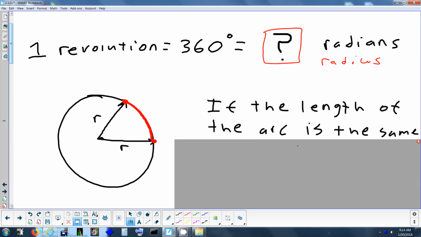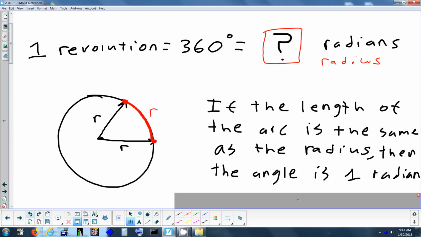So, if you were to take a piece of string, or a formula, if you knew one, and somehow measure that arc in red, it's not straight, it's an arc. So if you take a piece of string, measure that arc in red, and then take a ruler and measure the radius that's in black. If they came out exactly the same, then what you have drawn there is a picture of 1 radian.